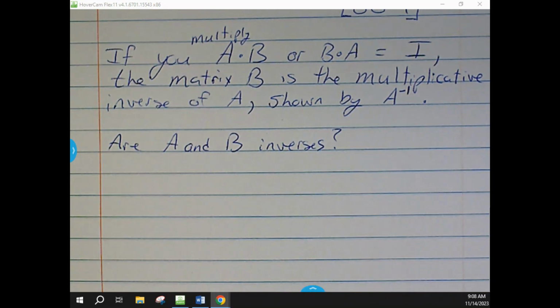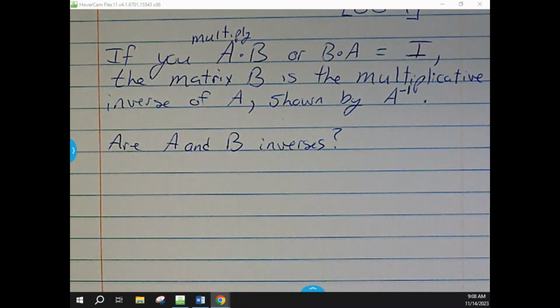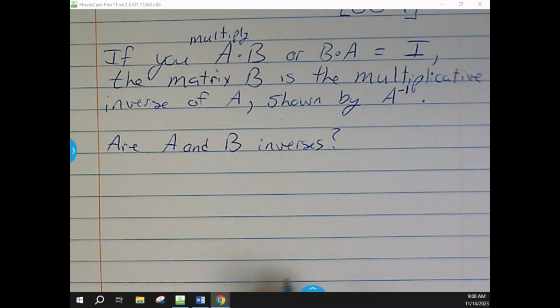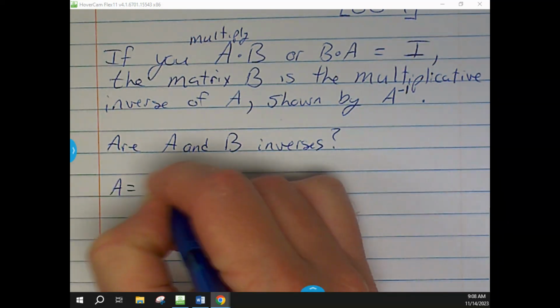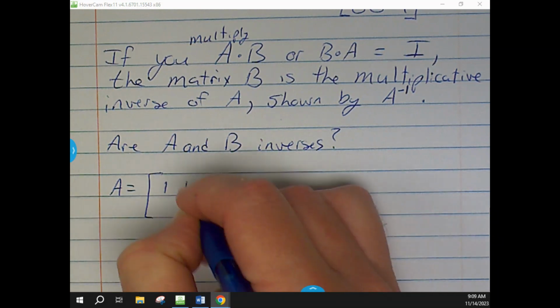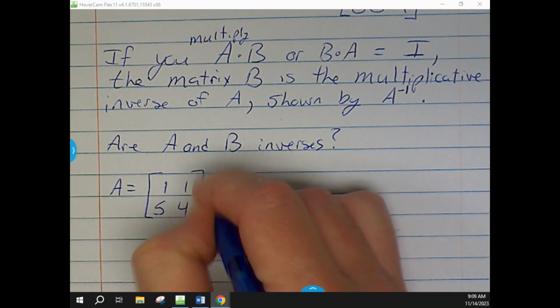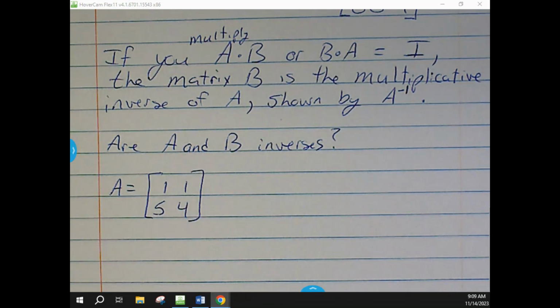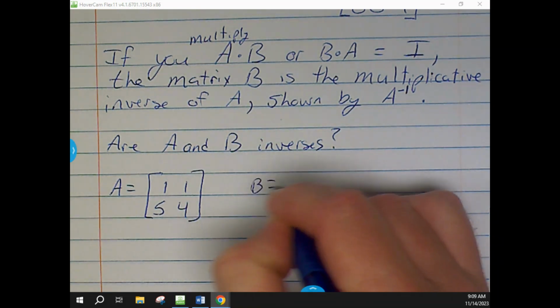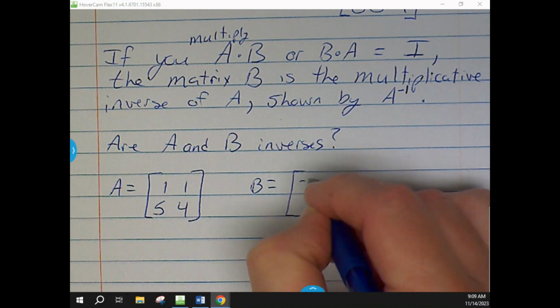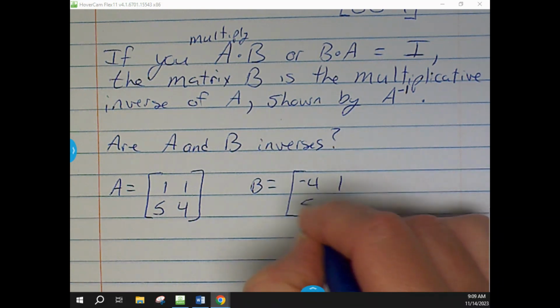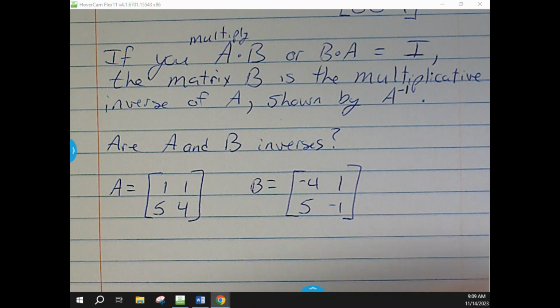Okay, and there's two questions. The first one, and that's why we reviewed multiplication before this, is that we're going to give you two matrices and ask you, are these two matrices inverses? So A is 1154, and then B is -41, 5 -1.